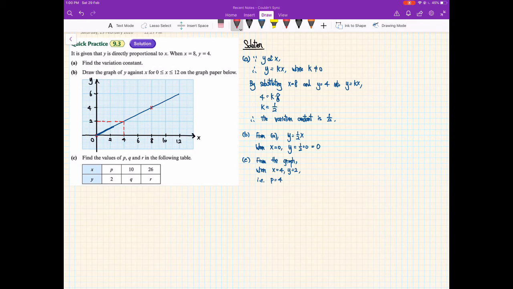When x is 10, the corresponding y value will be 5, right?